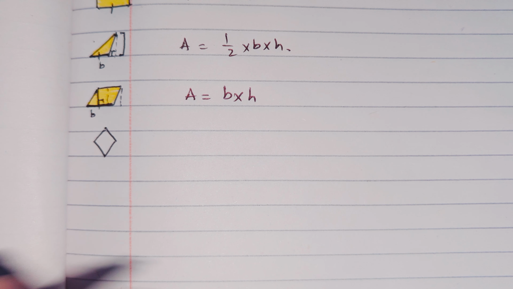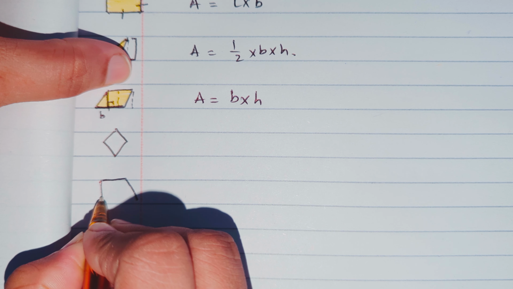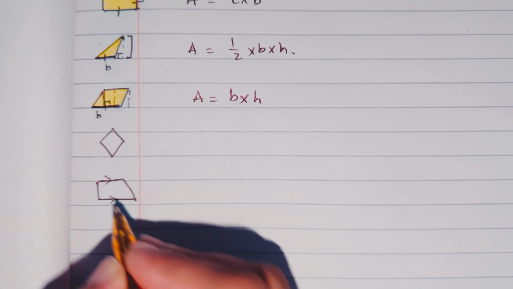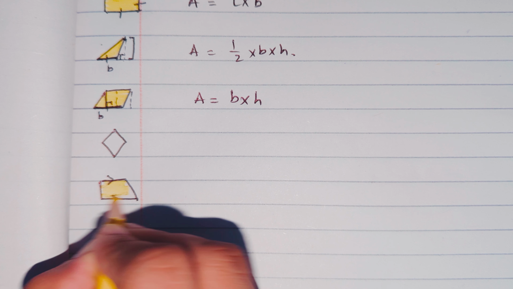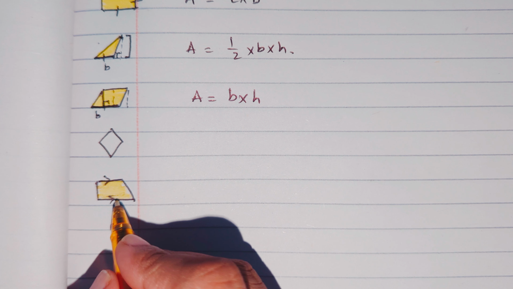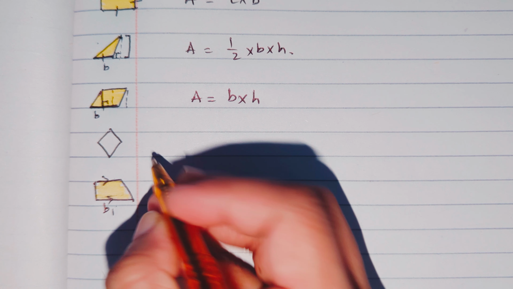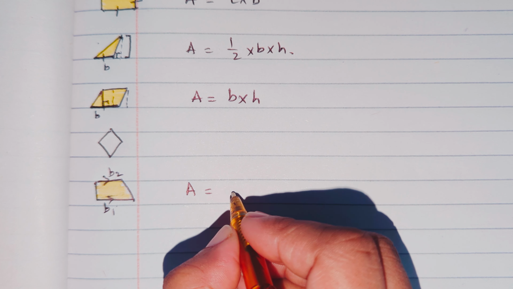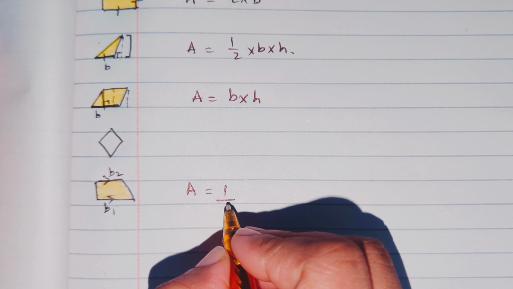And the last one is a trapezium. In a trapezium, we have only one pair of parallel sides. So how do we find the area of a trapezium? It's very simple. Since we do not have one base, we have two different bases. We take parallel line 1 and parallel line 2 and find their average.